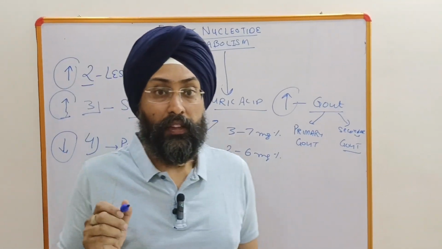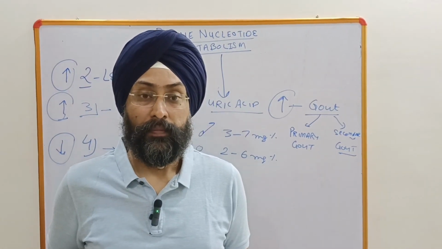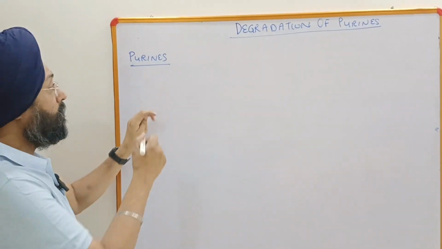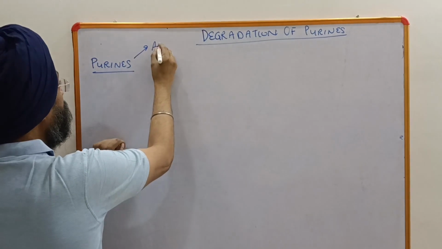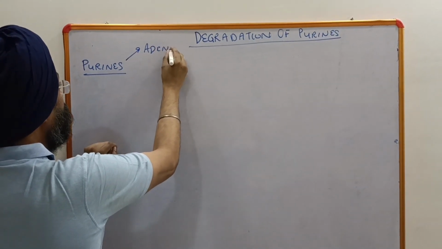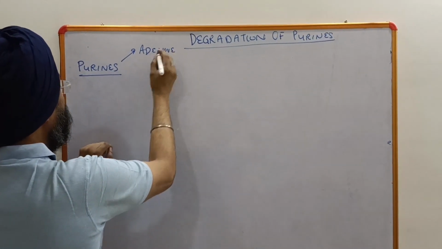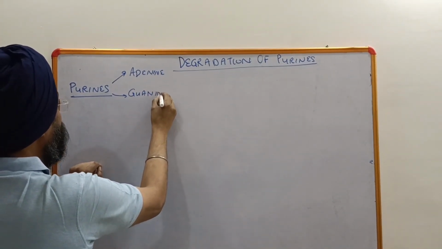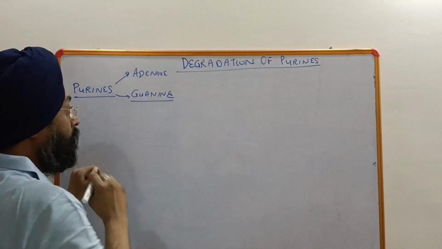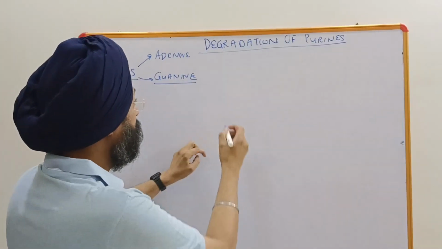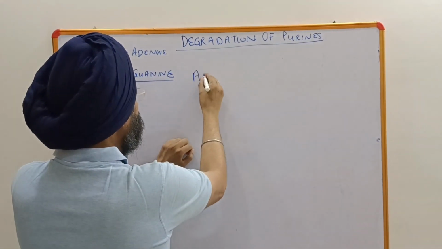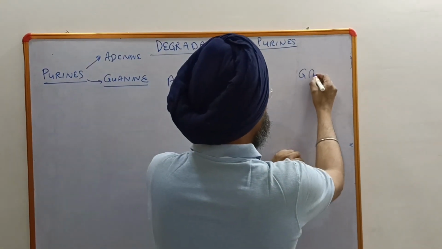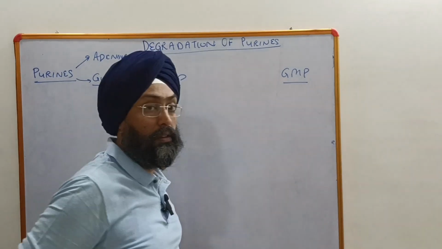Now we will start with catabolism proper. Now in catabolism, there are purines. There are basically two types, adenine and guanine, right? So breakdown starts at the level of adenosine monophosphate and guanine monophosphate.